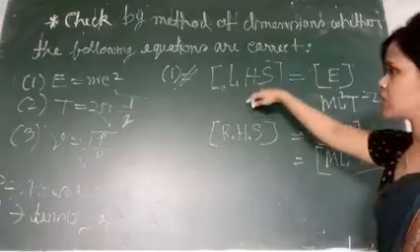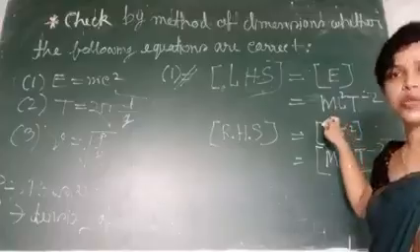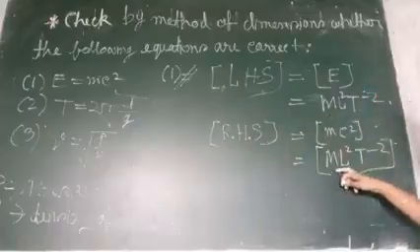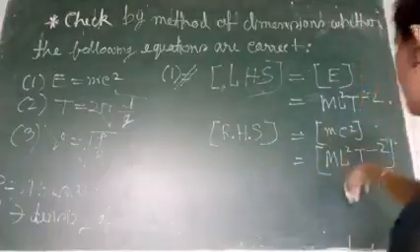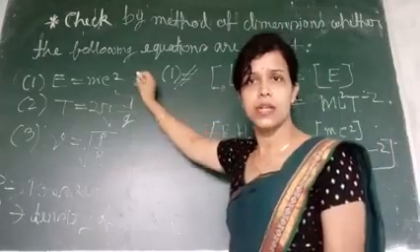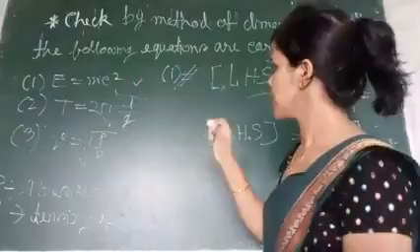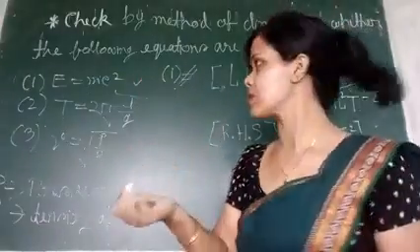So actually, the left hand side dimensional formula is M L square T to the power minus 2, and the right hand side dimensional formula is M L square T to the power minus 2. That means the left hand side and right hand side are the same. That is why this equation is correct. In this way, by using the dimensional equations, we can check whether a relation is correct or not.